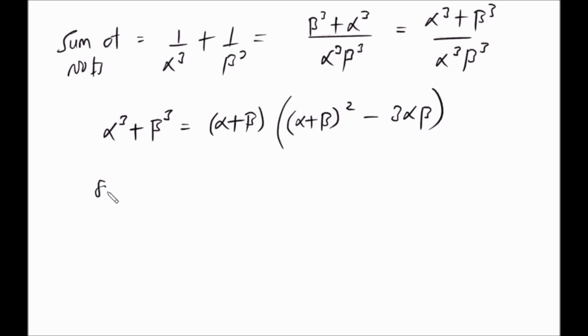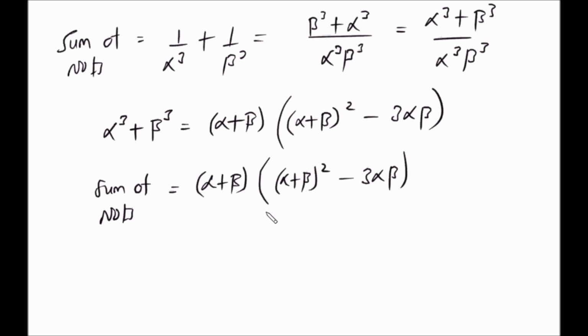Kwa hiyo kumbe sum of roots ni sawasawa na alpha plus beta, so we have alpha plus beta squared minus 3 alpha beta over alpha cube beta cube. Yeah, au hii alpha cube beta cube unaweza ukaiandika hivi alpha beta power 3.